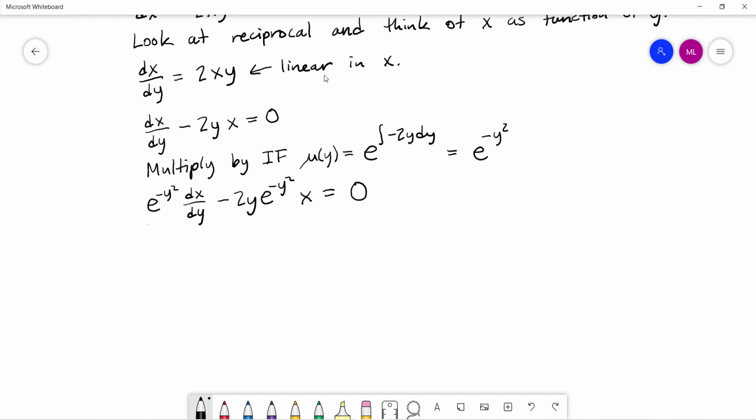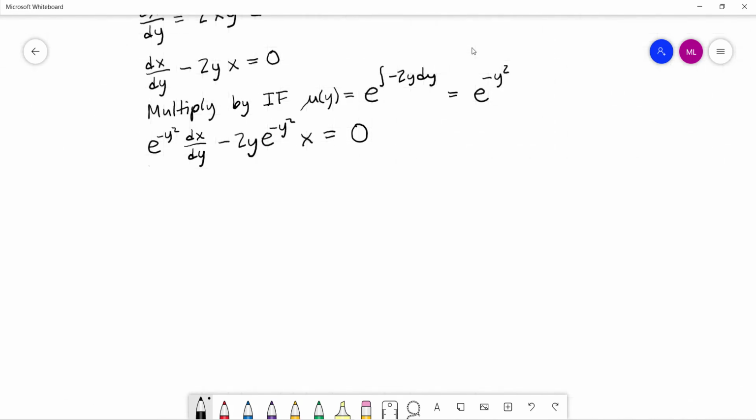And on the right-hand side, we still just get 0 because when I multiply 0 by e to the negative y squared, it's still 0. So here's me having multiplied through, and now I'll claim that this is the derivative d dy. The derivative, remember, it's with respect to y, of e to the negative y squared times x.